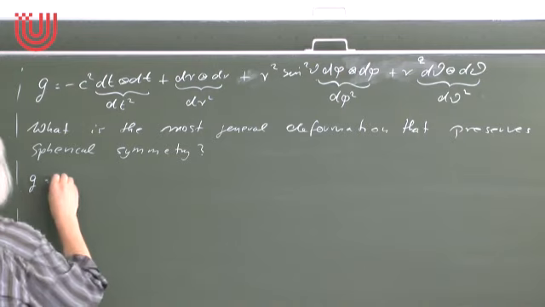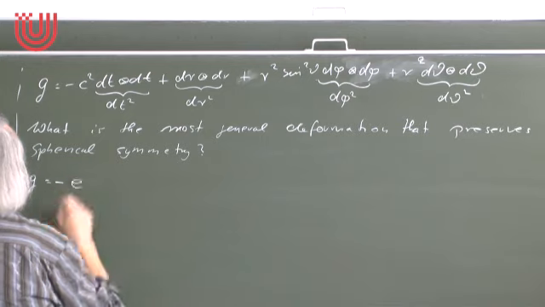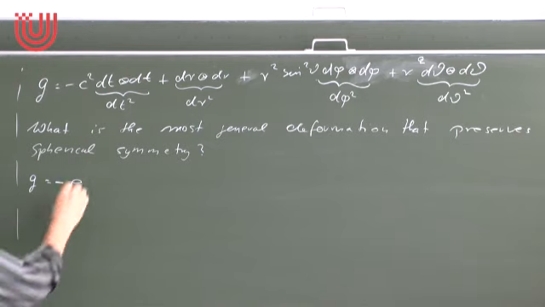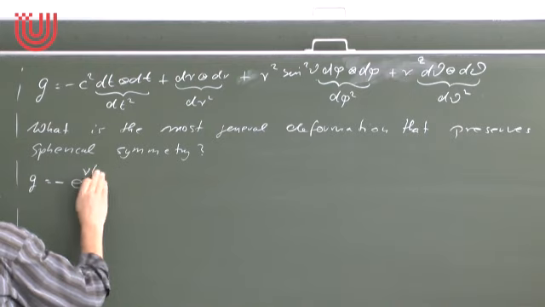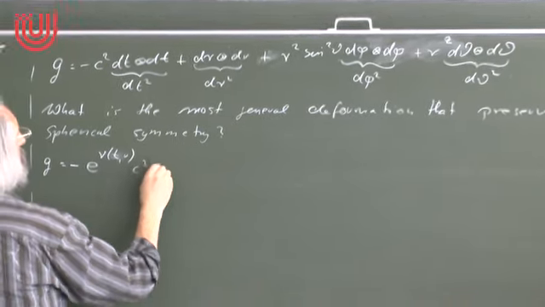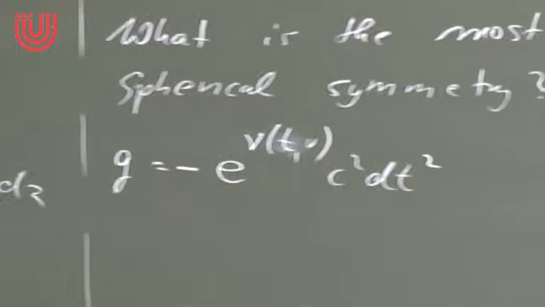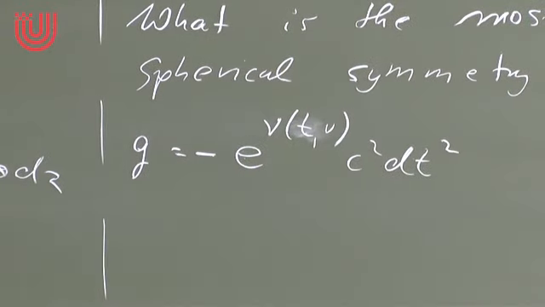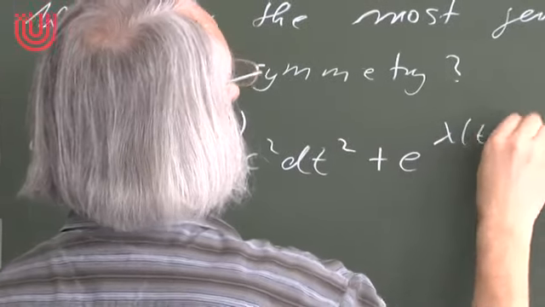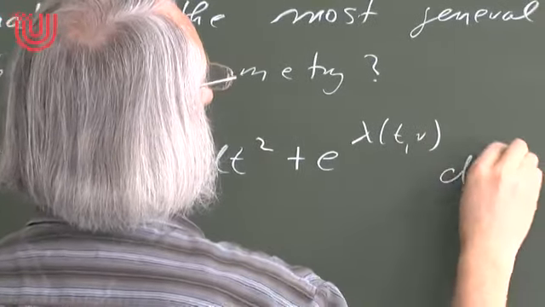But I could multiply it with a function, how do I want to call it? Nu. Oops, yes, nu. And it depends on t and r, c squared. And now I use the shorthand notation dt squared. I can multiply this with a function, let's call it lambda, dr squared.